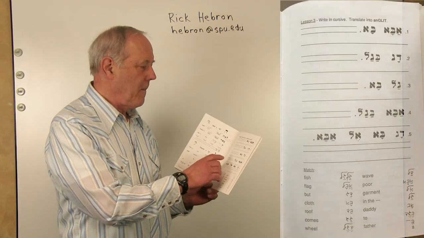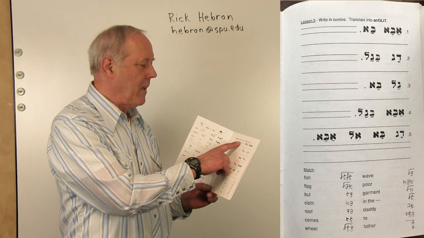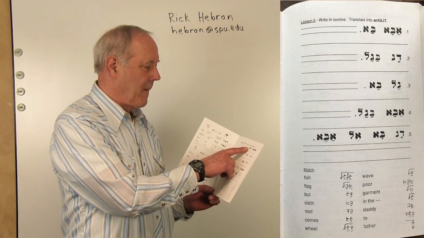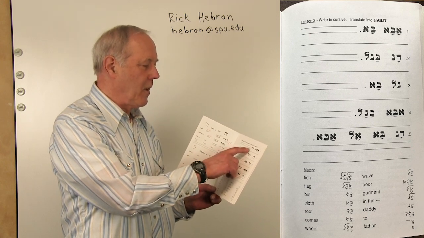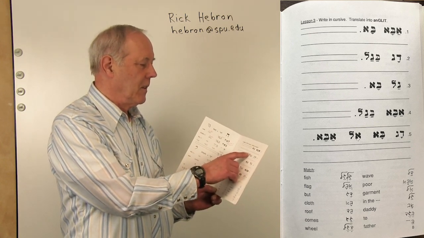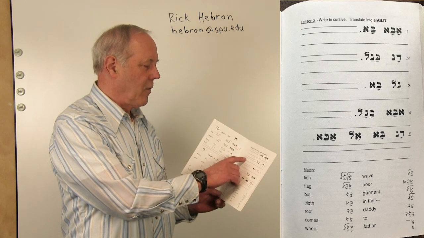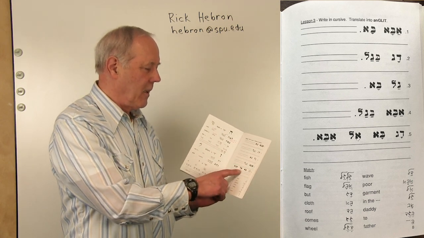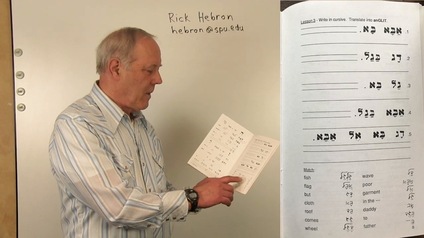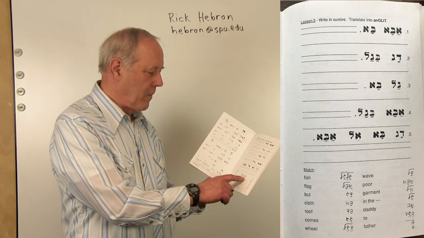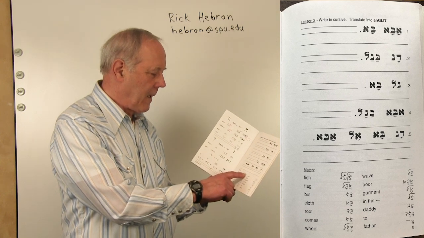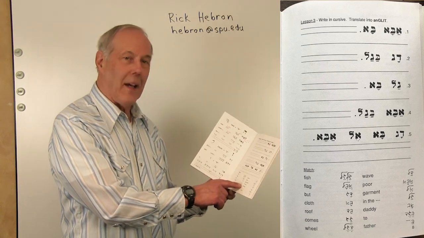On page 8, you can write in cursive. It's written in block. Write it in cursive and then write what it means in English. And on the bottom of the page, there's matching. Dal, find pour. For galgal, find wheel, and do matching.